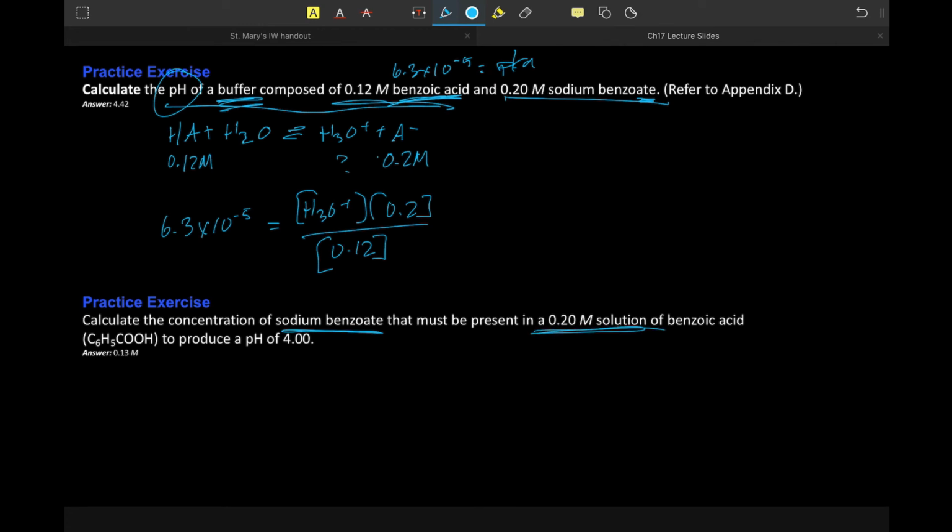All right, so calculate the concentration of sodium benzoate that must be present in a 0.2 molar solution of benzoic acid to produce a pH of 4. We could set that up the same way: HA plus H2O.